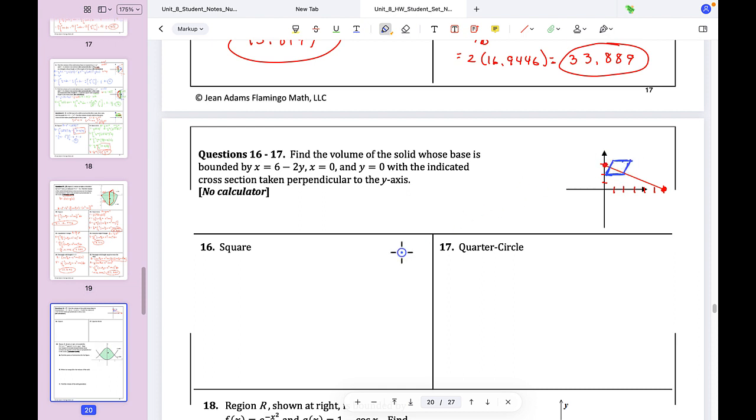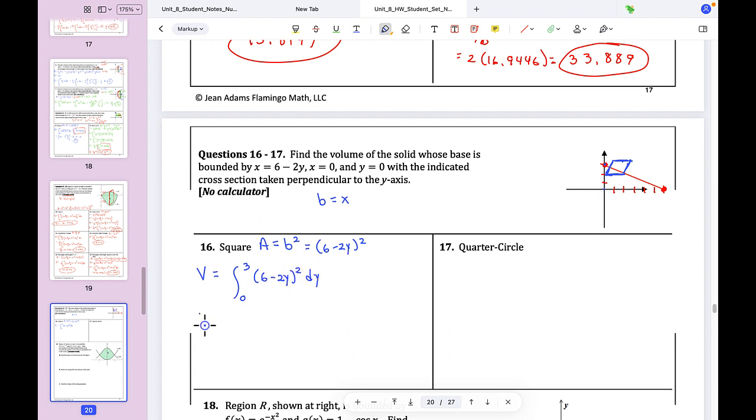Okay, so the area of a square is going to be the base squared, and the base is equal to x, right? So that's going to be (6 minus 2y) squared. Now we're integrating with respect to y, so I'm going from 0 to 3, the integral from 0 to 3 of (6 minus 2y) squared dy.